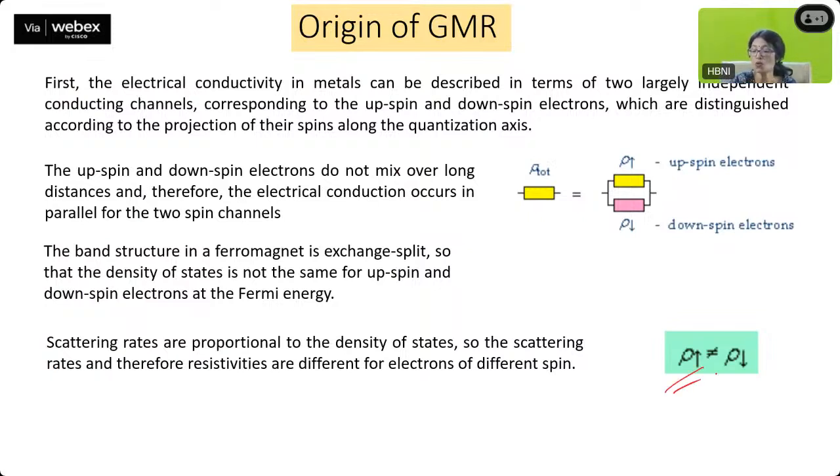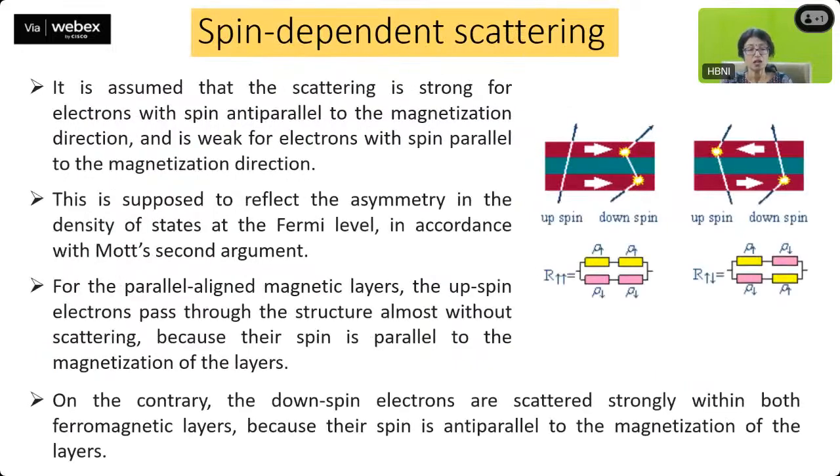So basically rho up is not equal to rho down. Then it is assumed that the scattering is strong for electrons with spins anti-parallel to the magnetization direction, and weak for electrons with spin parallel to the magnetization direction. This is supposed to reflect the asymmetry in the density of states at the Fermi level, and this is in accordance with Mott's second argument.